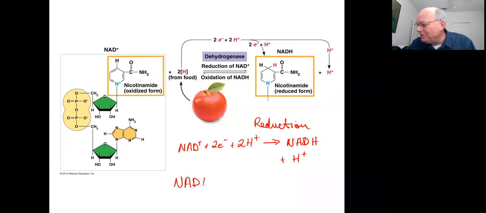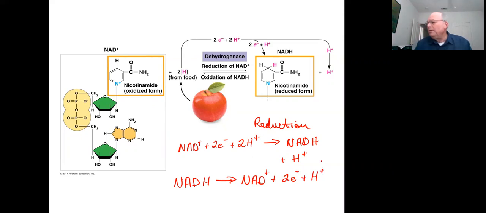What that is telling us is that NADH, under the right circumstances, gives up its electrons and becomes oxidized.